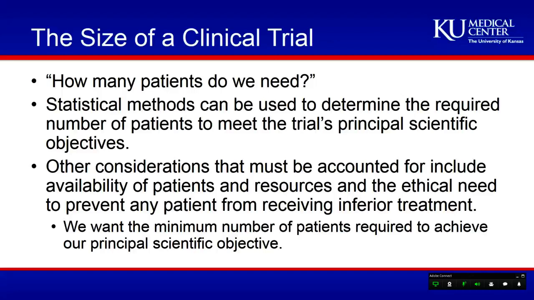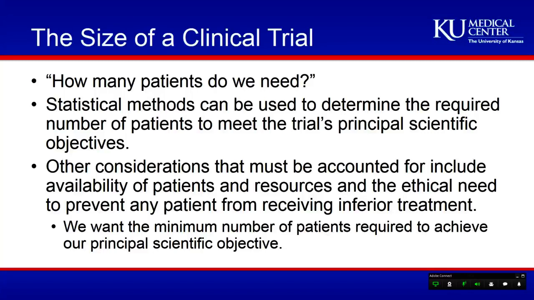I've seen protocols come through that I've had to review for various reasons, where the sample size justification had to do with how many patients are seen in clinic in a year and no other justification. That's not fully appropriate, right? Because we also need to know, if you say you can get 100 in a year, do you need 100? Maybe you only need 20, or maybe you need 1,000 to address the question.